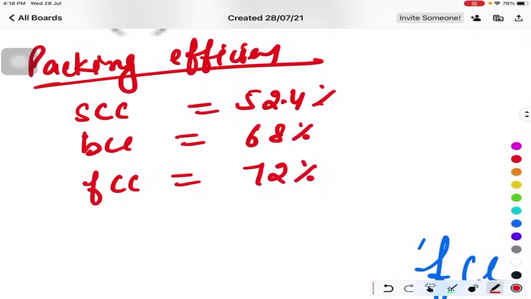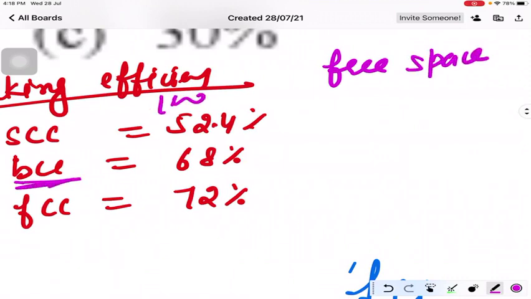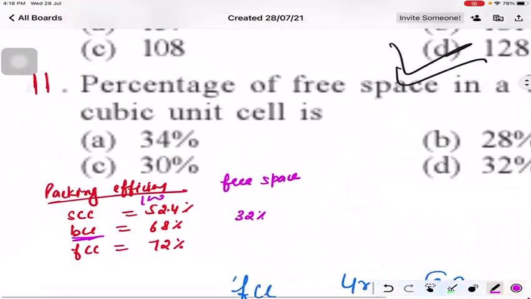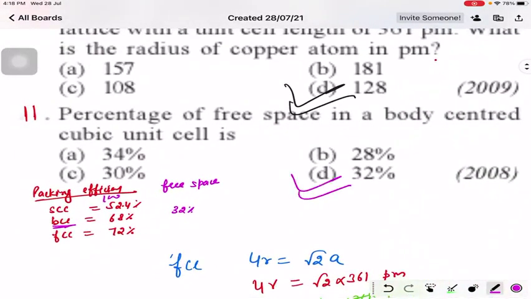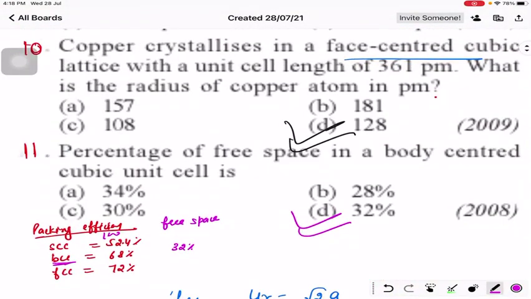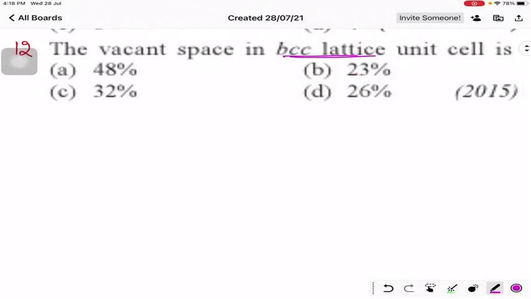So the remaining space, free space, will be 100 minus packing efficiency. We have been asked about BCC, so it will be 32%. This question is quite important, has been asked frequently by the NEET NTA in NEET exam. It is again asked in 2015, so it is 32%.